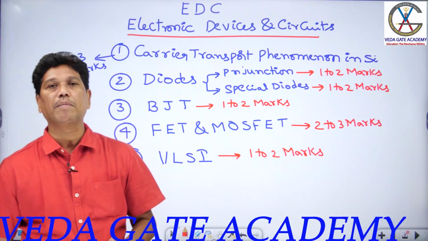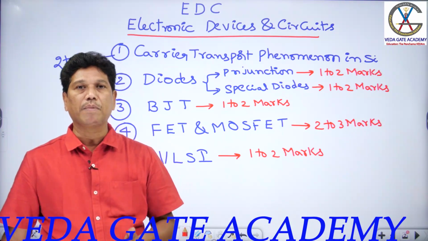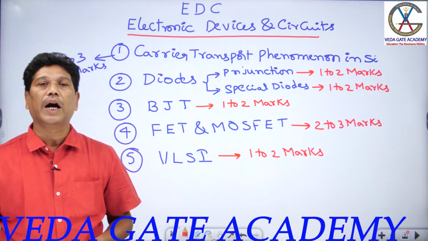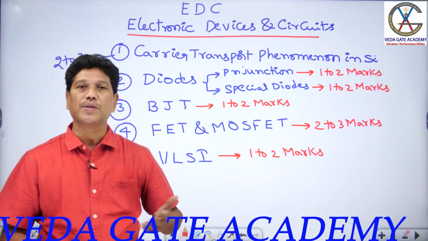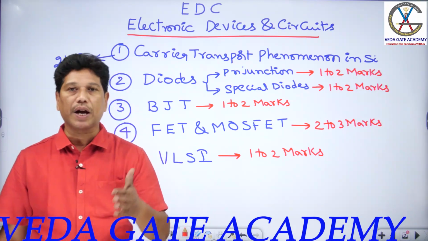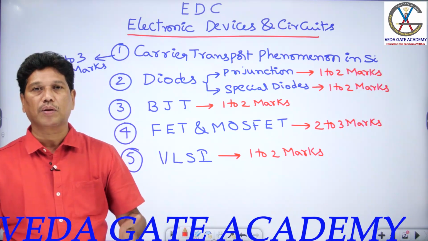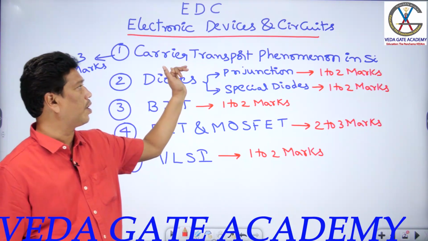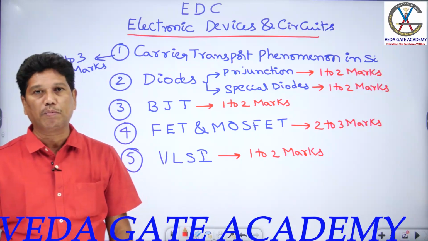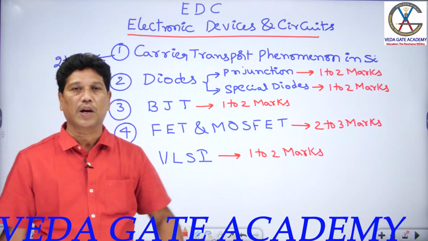After that, you can identify the types of semiconductors, that is, intrinsic and extrinsic semiconductors, and what the current carriers in a semiconductor are, like electrons and holes, and what the current mechanisms are. What are the properties of these semiconductors? All these things you will learn in this first chapter of carrier transport phenomenon in silicon.